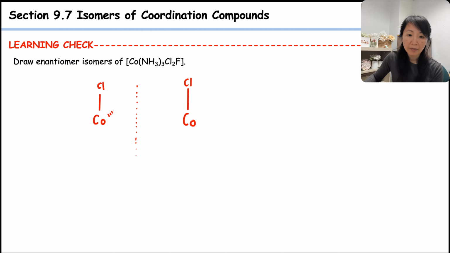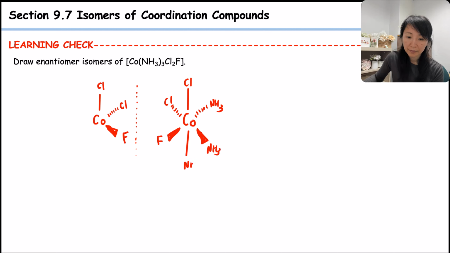Well, I have another chlorine that's going back, and so is this one. And another one coming forward, and this one is also coming forward, and that's going to be my other halogen, which is fluorine. Then I will draw the rest in of ammonia. And same here.